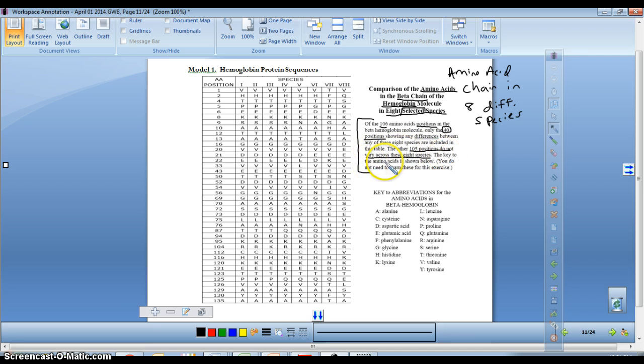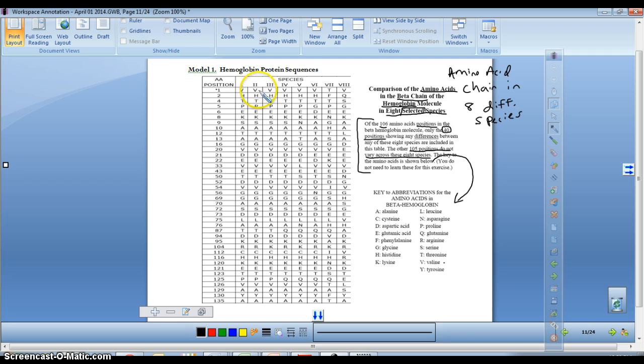The key to the amino acid is shown below. You do not need to learn these for this exercise. So you don't need to know what these all mean. But here's the key. So if we look here, amino acid position 1, V, valine. So this species 1 has valine in its position 1.